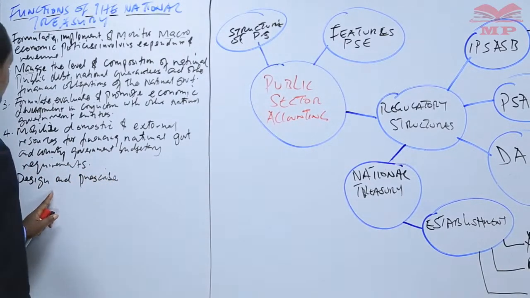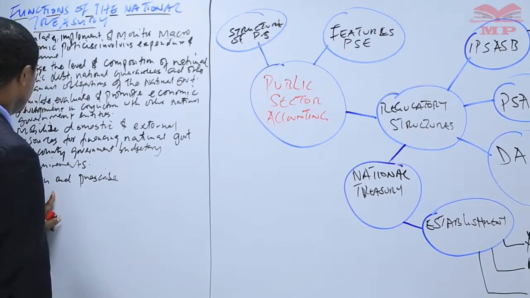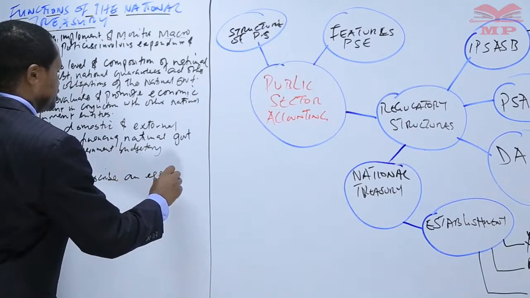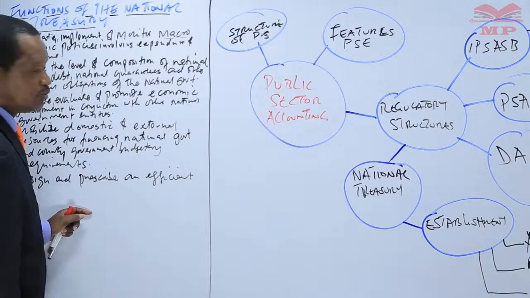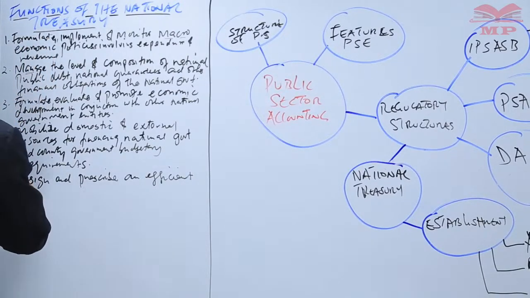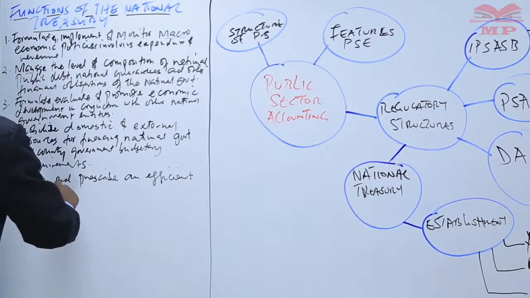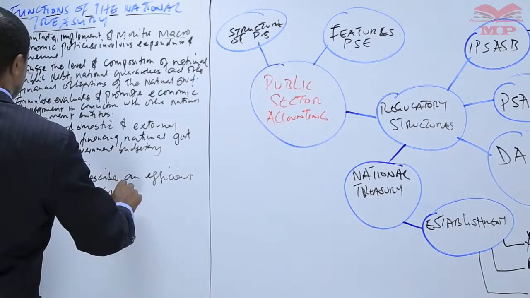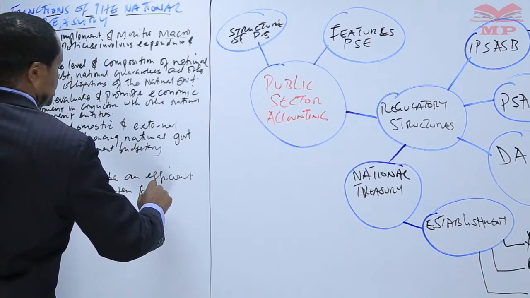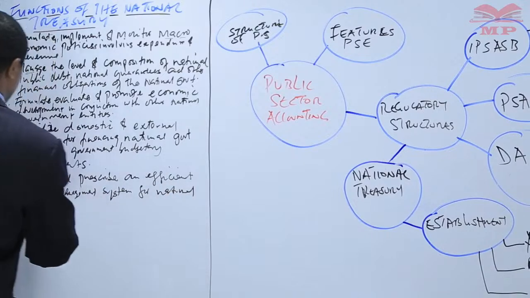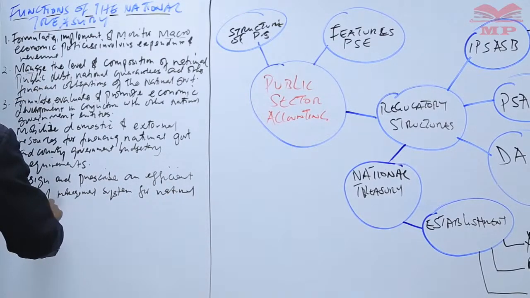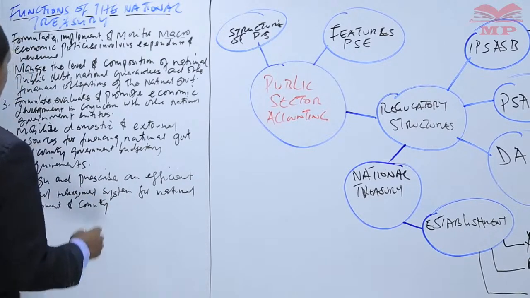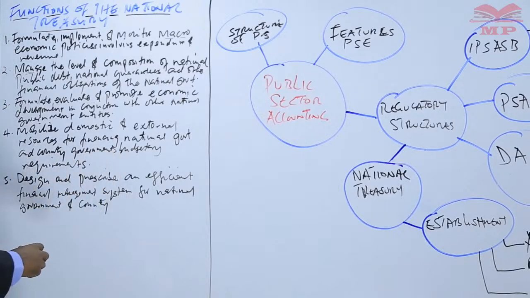The national government's function, a very important one, is to design and prescribe an efficient financial management system for the national government and county governments.